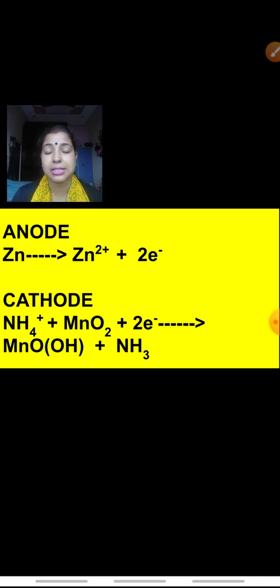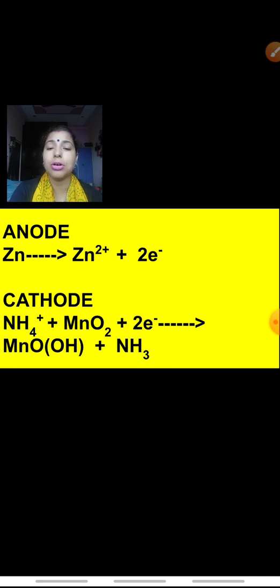Zn converts into Zn2+ plus 2 electrons. That means the zinc cylinder dissolves into the electrolyte and gives out 2 electrons. Now these 2 electrons, when the cell is in working condition, travel through the wire which is connected from outside, from anode to cathode, through the external circuit towards the cathode.